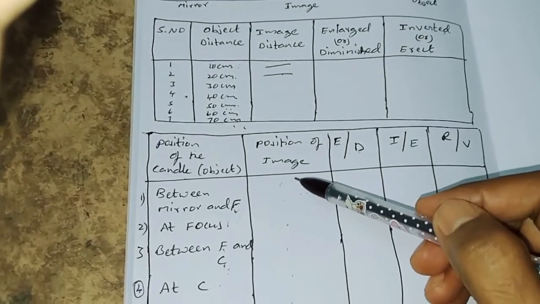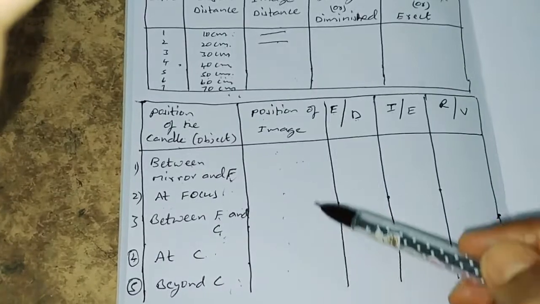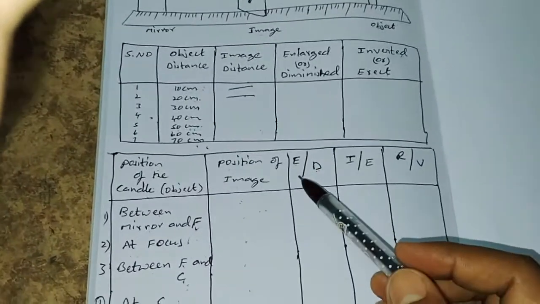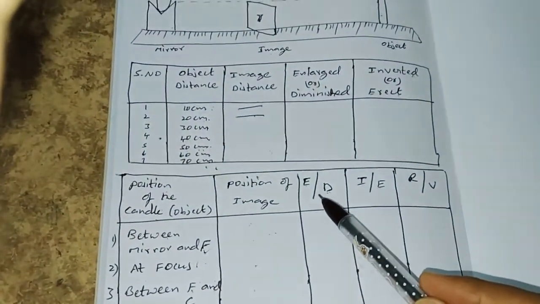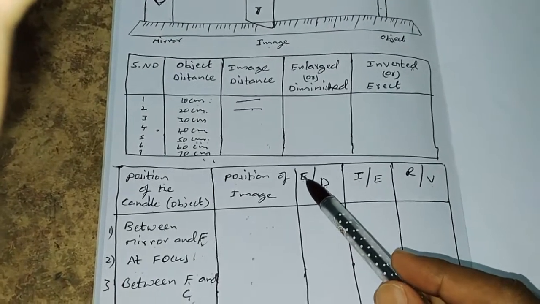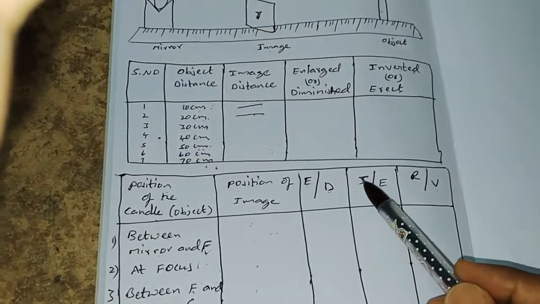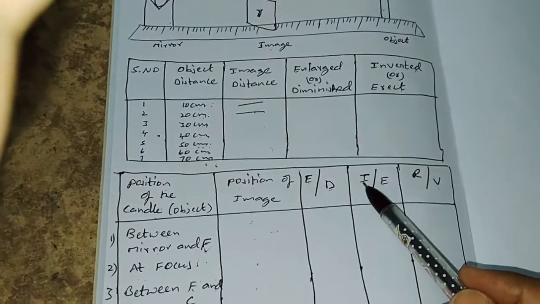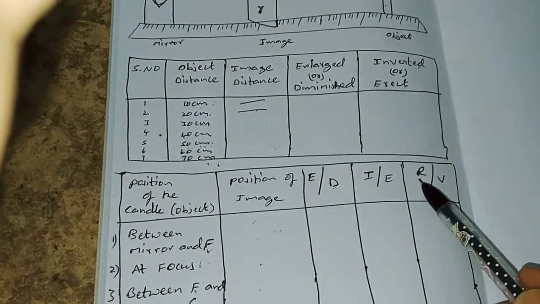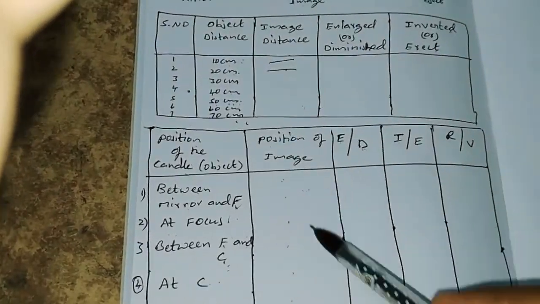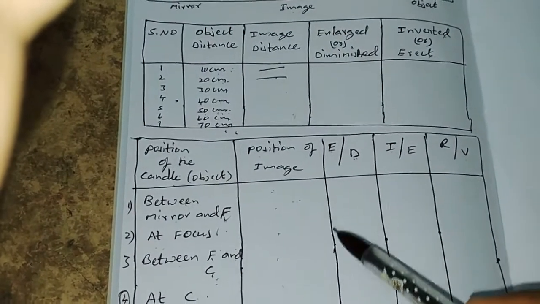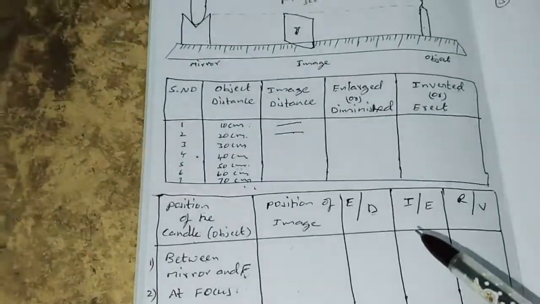So you can write the position of the image also here. Then by observing the image, you have to identify whether it is enlarged or diminished, erect or inverted, real or virtual. So like this you can analyze the type of image also.